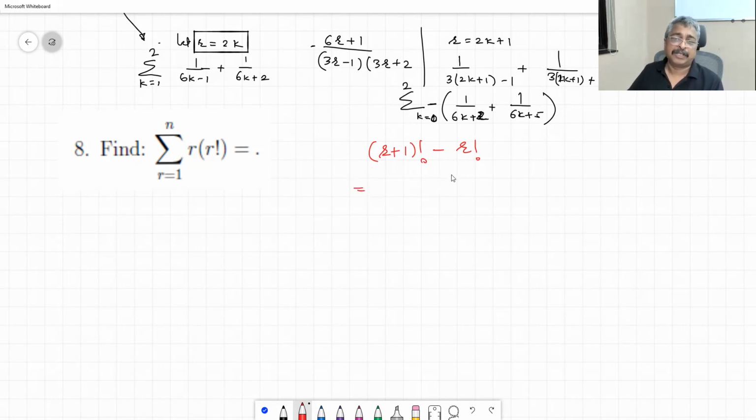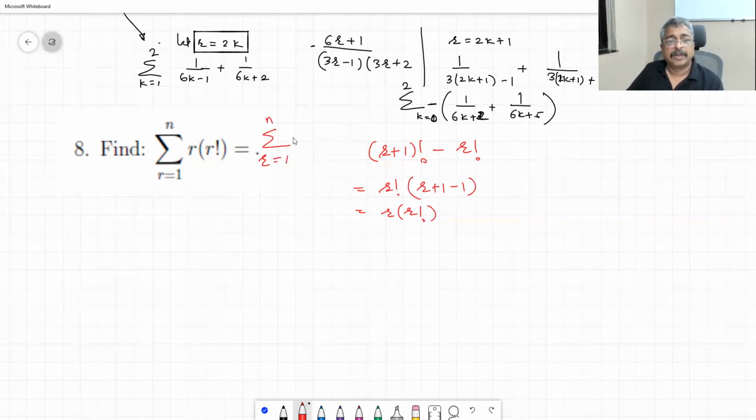But if we simplify this, I can take out r factorial common. What remains inside the bracket is r plus 1 minus 1, and it makes r into r factorial. That is what is given to us, and therefore the answer is going to be sigma r goes from 1 to n of r plus 1 factorial minus r factorial.